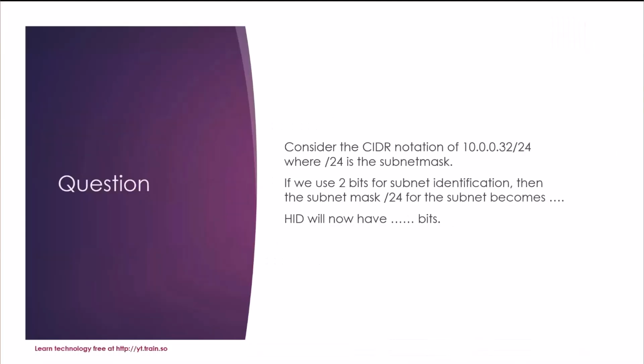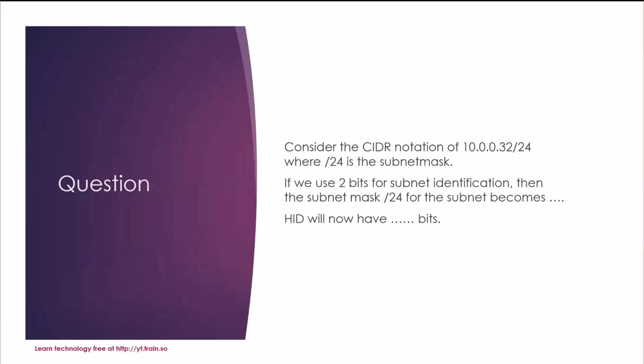Consider the CIDR notation of 10.0.0.32/24, where /24 is a subnet mask. If we use 2 more bits for subnet identification, then the subnet mask /24 for the subnet becomes dash. So currently the network mask is 24, and if we use 2 more for subnet identification, what will be the new subnet mask?